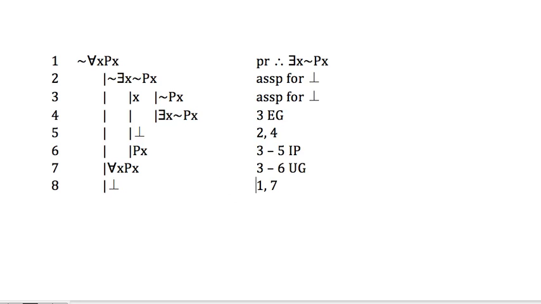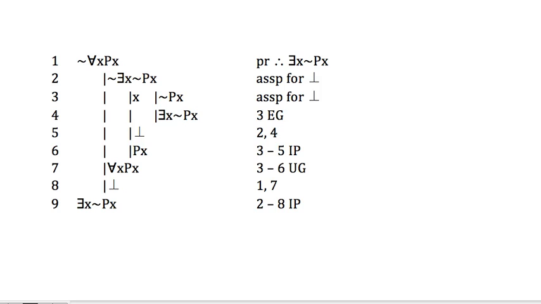And on line 9, we can conclude what we originally set out to prove. Some x not px. That comes from 2 through 8 by indirect proof.